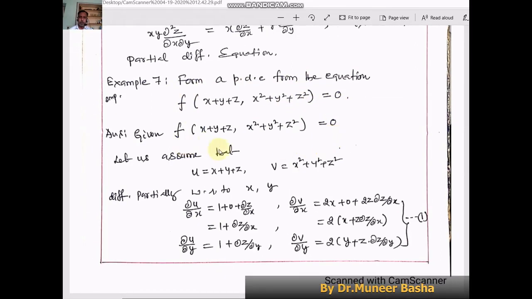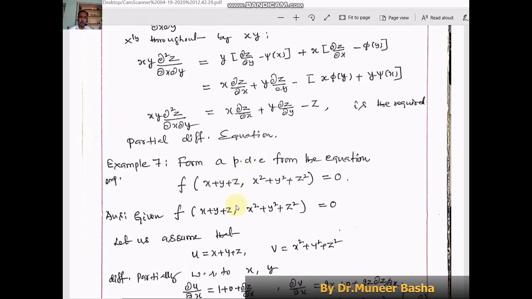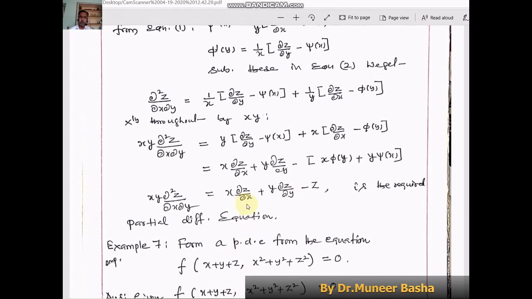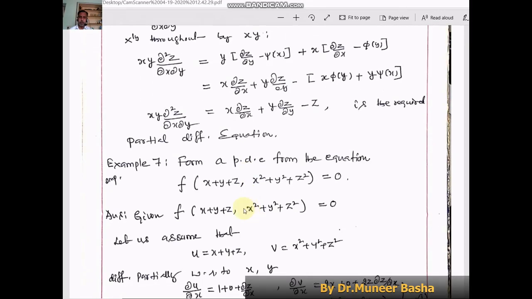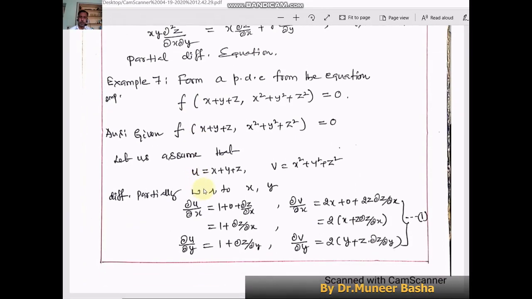Now here you can observe that in previous examples there was a relation like x square plus y square or x plus y, with plus or minus present in two terms. Now here there is one term x plus y plus z, and another term involving x square, y square and z square, and this is a relation given by an arbitrary function f. This f we have to eliminate.